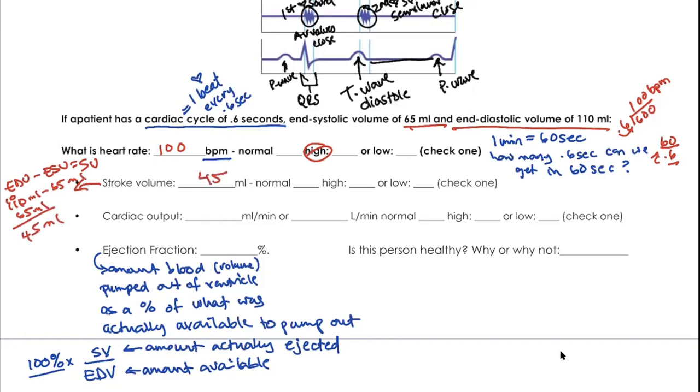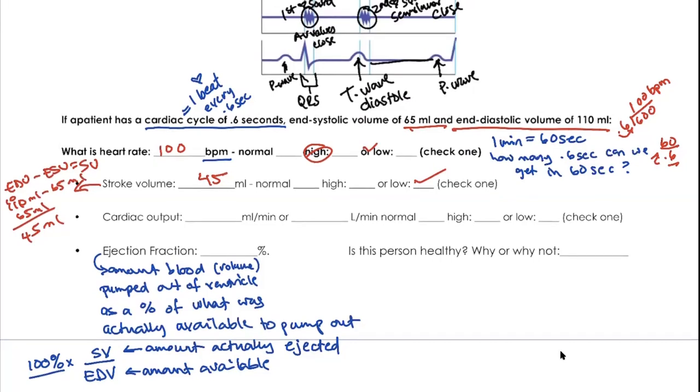Now that is a really low stroke volume. A good stroke volume would be 65, 70 milliliters. And if you recall from lecture, a normal cardiac output is going to be about 5 liters per minute, or 5,000 milliliters per minute.